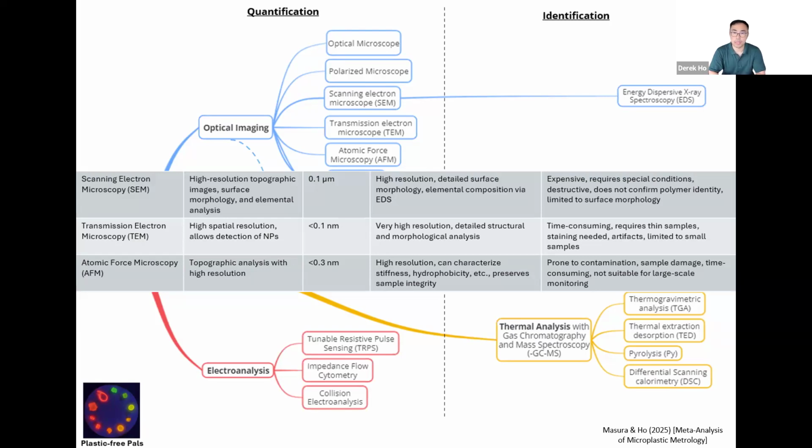However, they may not be too good at counting the particles due to high magnification and low field of view. Additionally, this method doesn't really offer potential for identification unless we couple it with energy dispersive X-ray spectroscopy, EDS, with SEM. However, these are very expensive methods and they can't be scaled up.